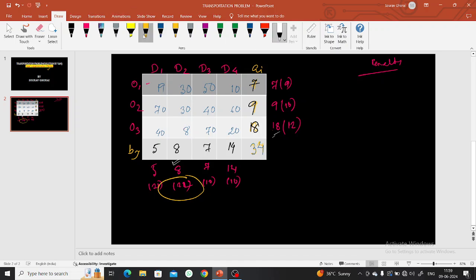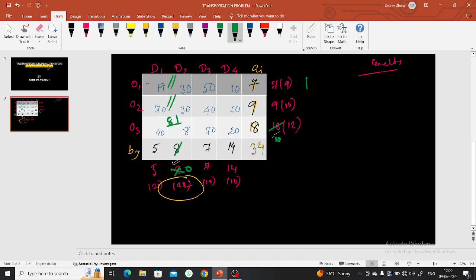So we have to put 8 here. So it will be 0, and this column is now exhausted. This 18 will now convert to 10.